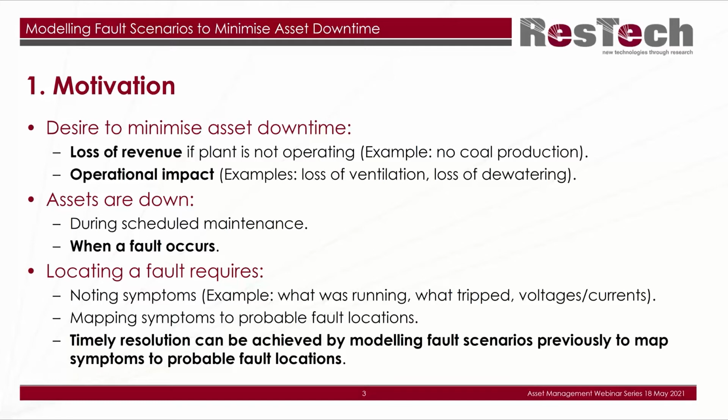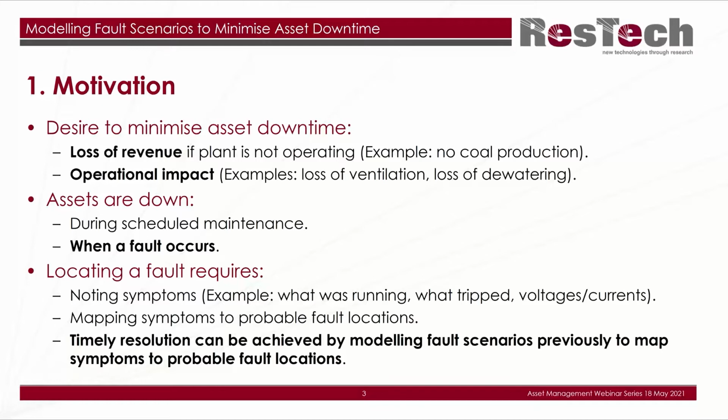And also that can have an operational impact on the plant as well. So for example, if the plant is being used for ventilation or for dewatering a mine, it's important that the asset is actually up and running. So assets are normally down during scheduled maintenance, which is a planned event, but it's also down when a fault occurs in the system. And of course, a fault is something that's unplanned and it's something that's not desired.